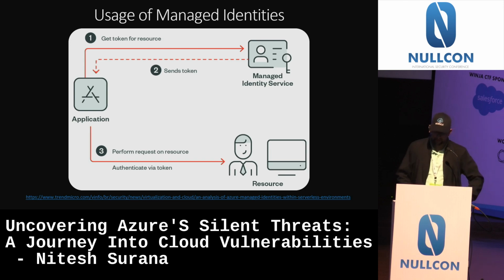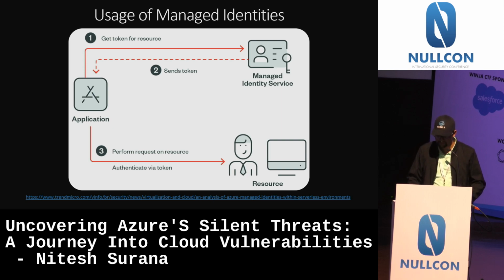The logic behind managed identities is that, if you want your application to access a resource, the app will first request a token from a managed identity service, and the returned token will then be used to interact with the resource that the app wants to work with. The managed identity service is supposed to only be reachable from the resource itself, just like the instance metadata service. And you as a developer don't need to hardcode credentials in your apps or scripts.